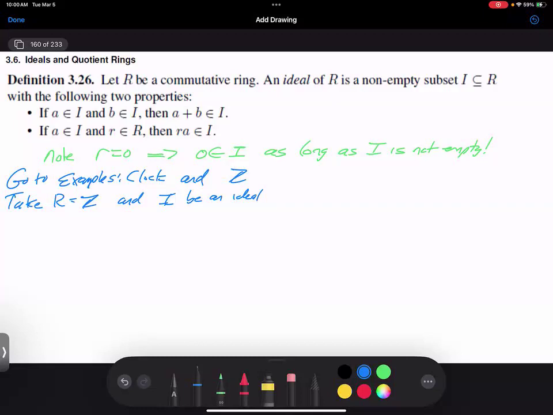The ideal is non-empty, so there has to be at least one element in I. We know 0 is in I. If a is in I, so is minus a, right? We just multiply by -1, and -1 is an integer.